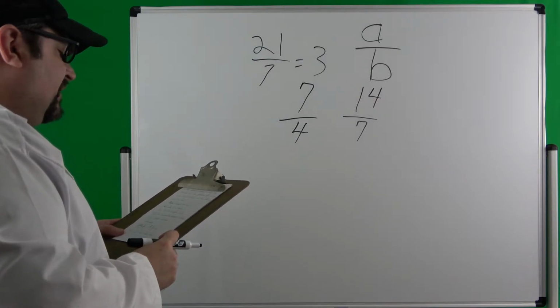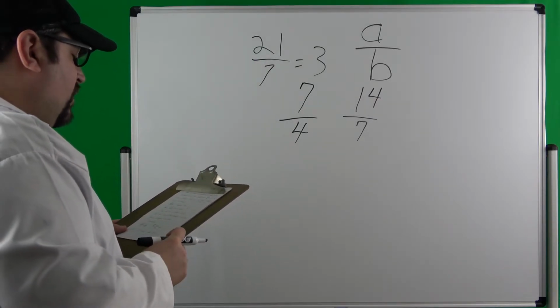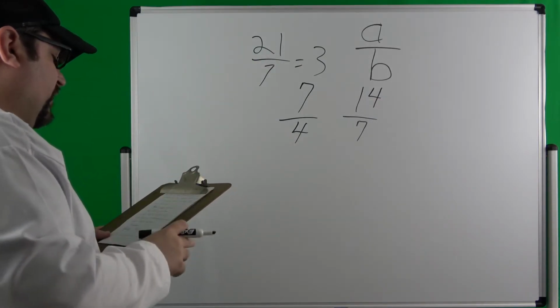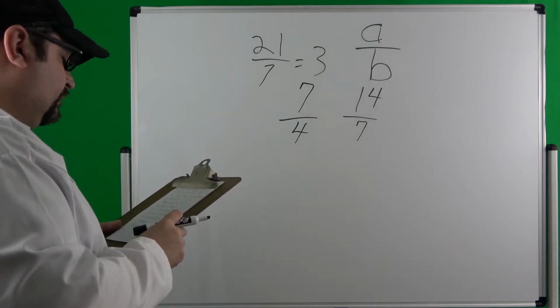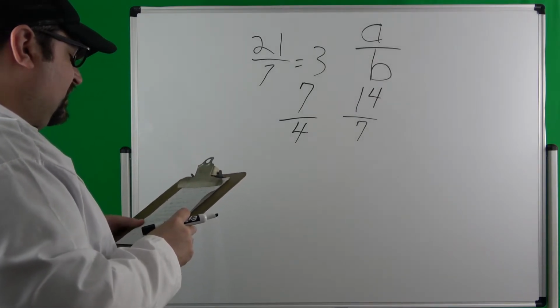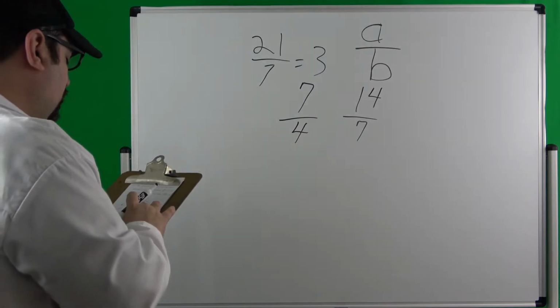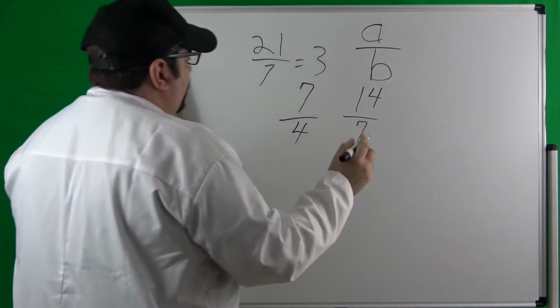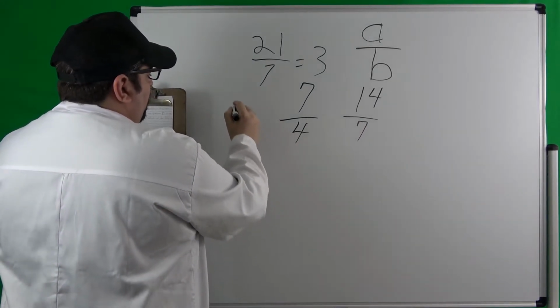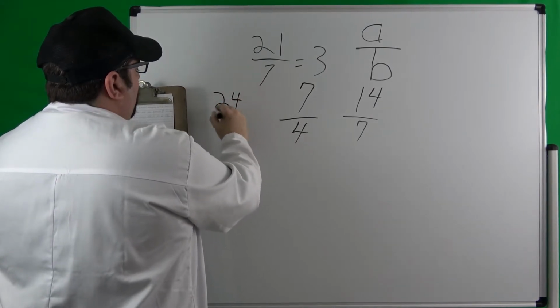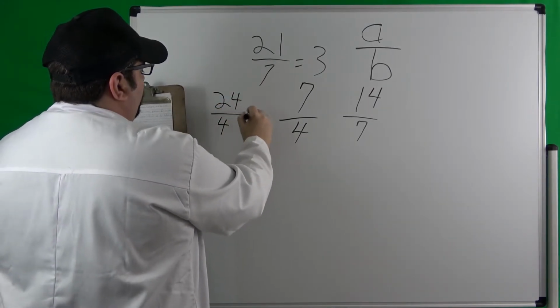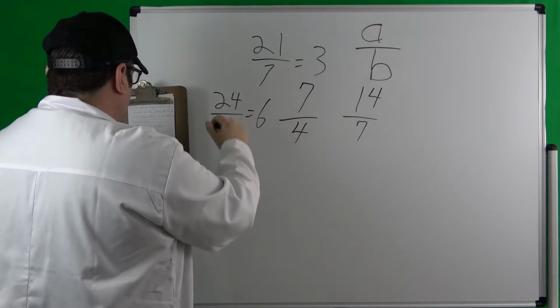And let's see, at least one of the integers is even, or both are even. Let's try something else. 24 over 4 would give us 6. Both are even.